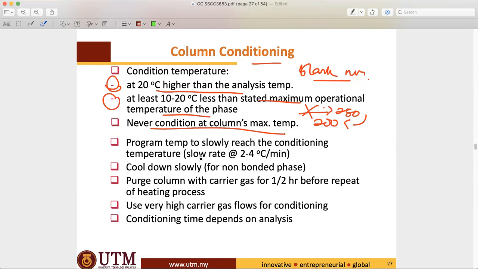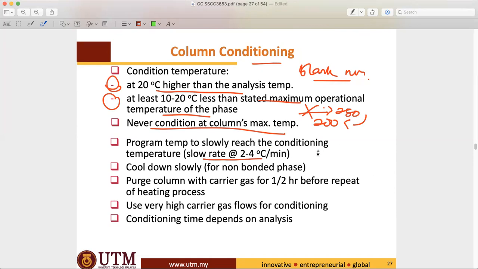Program the temperature to slowly reach the conditioning temperature, at a slow rate. If you want to use temperature programming, you can, but make sure that it is a slow rate, meaning bit by bit.